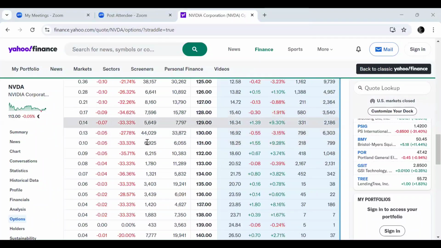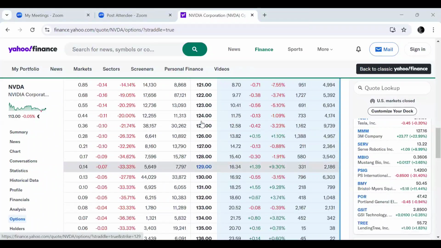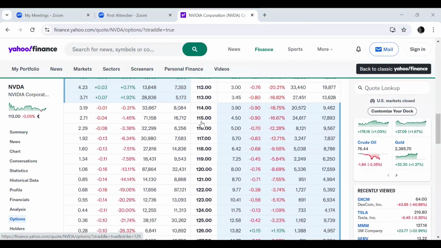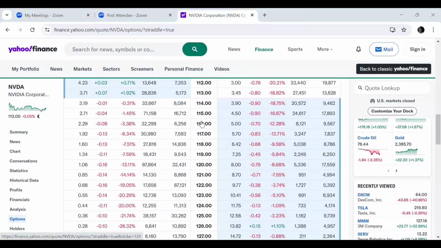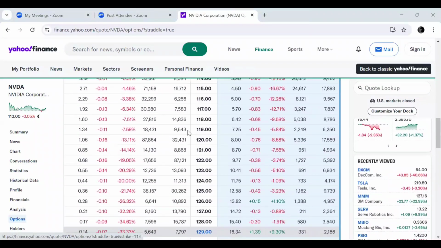And here what is happening is, at every strike price, at every current price, whether it is in the money, at the money, or out of the money, people are purchasing lots, purchasing certain contracts. Remember that every contract contains 100 shares.